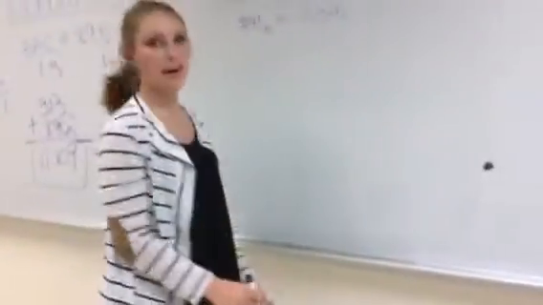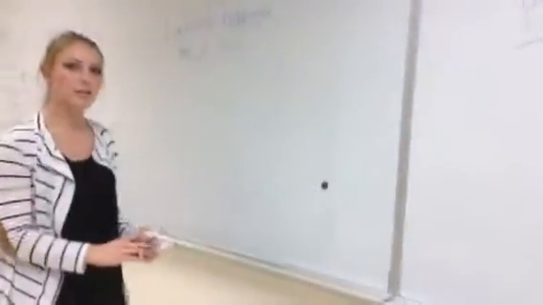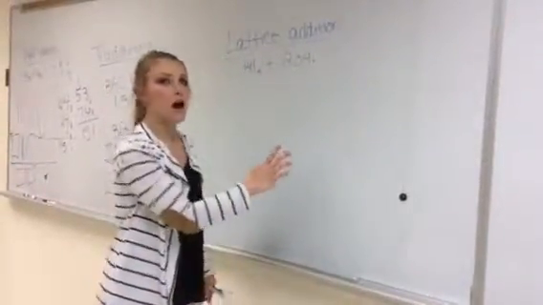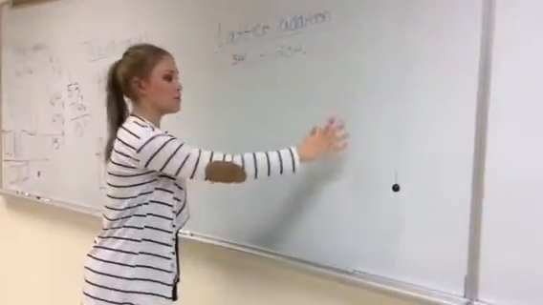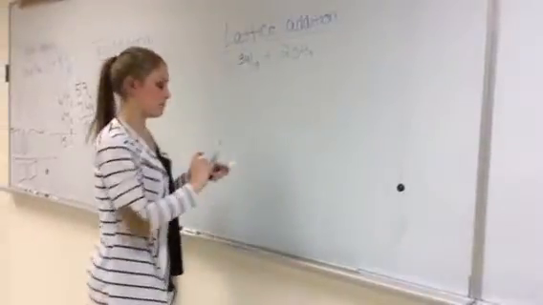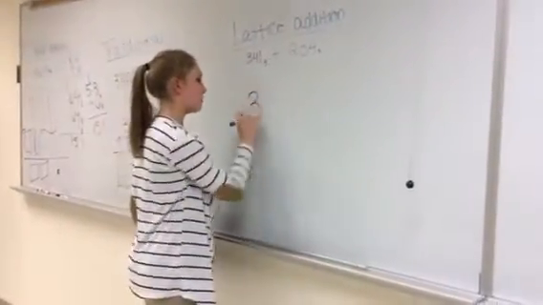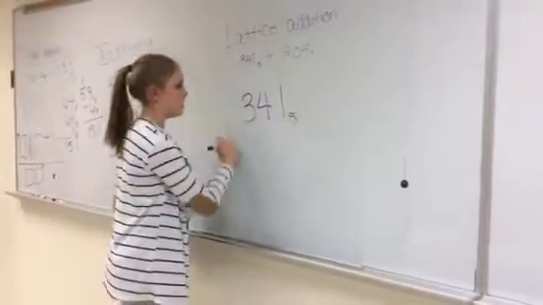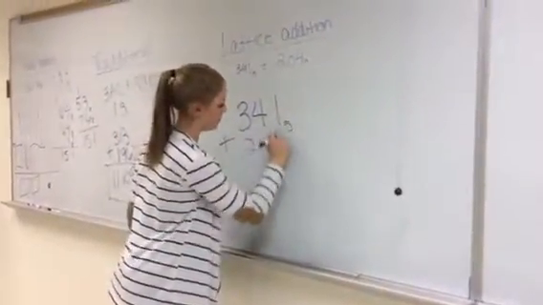Now to move on to our lattice addition. In our lattice addition, we are going to be taking our place values, and instead of distributing our numbers up at the top, it's going to be in columns going diagonally. Plus 204.